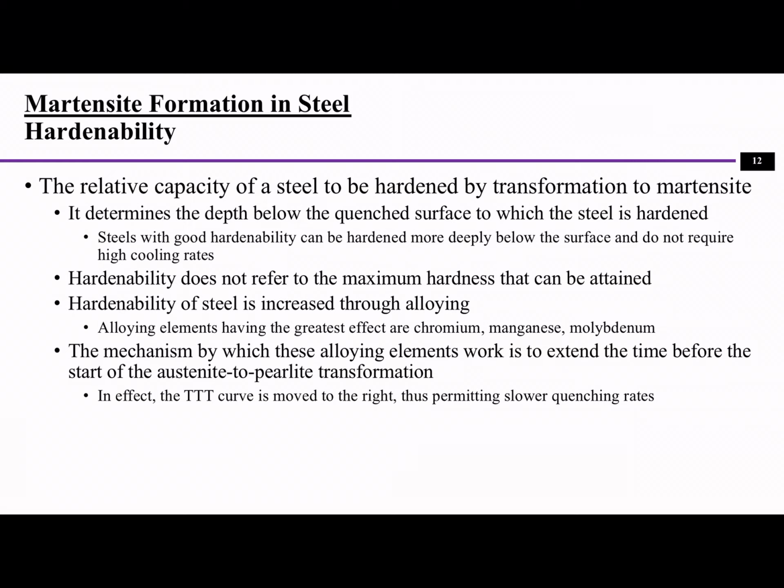If we move the TTT curve to the right, we get more time to cool it down. So this is how hardenability works.